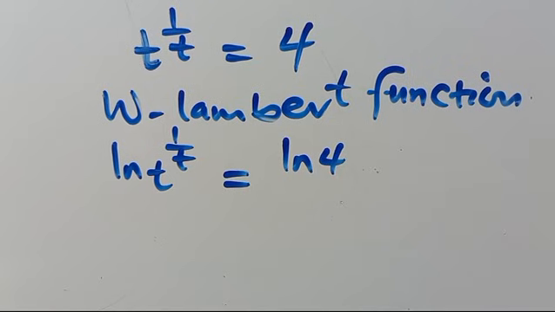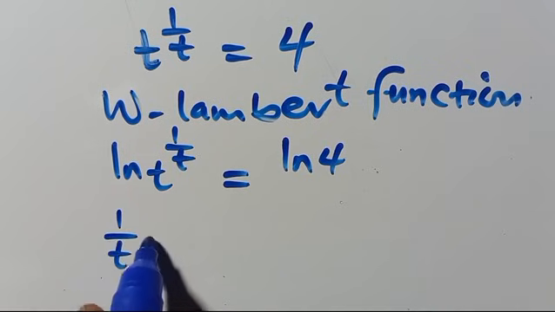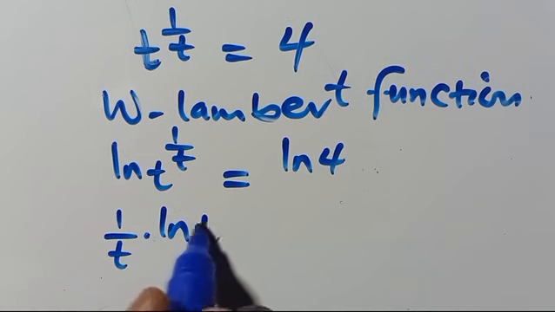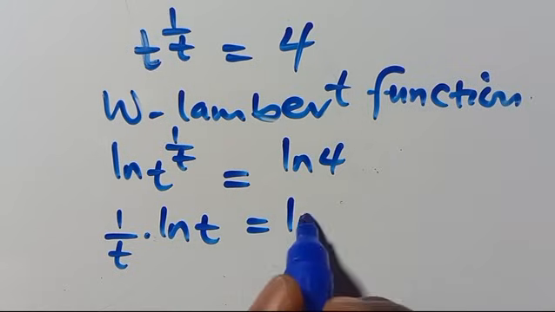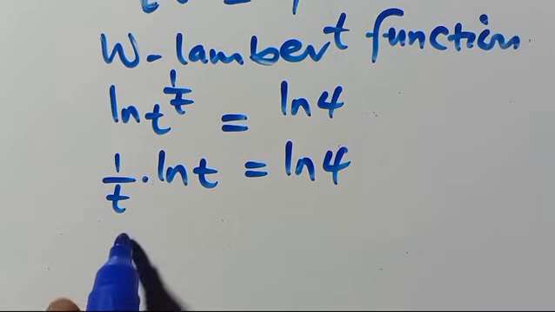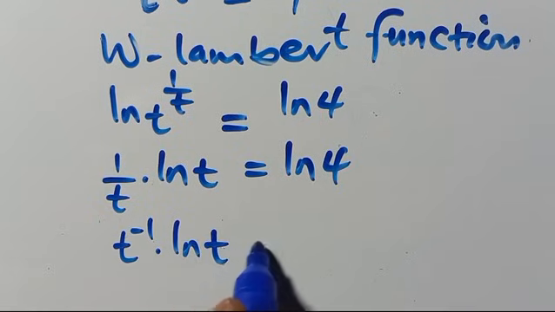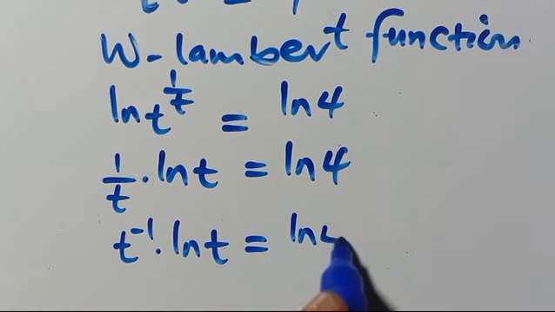So we are going to have 1 over t times ln of t equals ln of 4. This 1 over t, we can have it as t to the power of minus 1 times ln of t equals ln of 4.